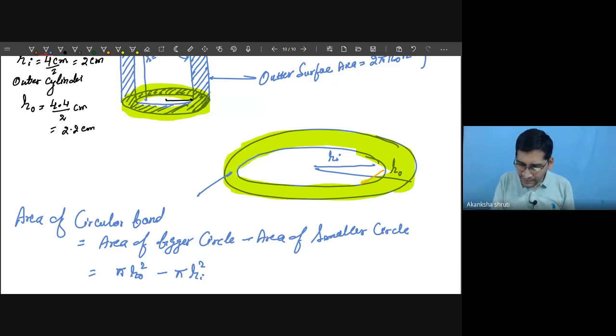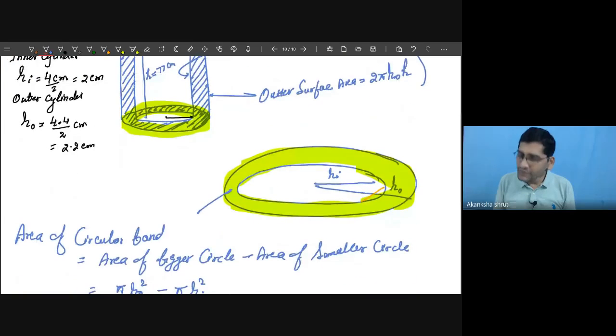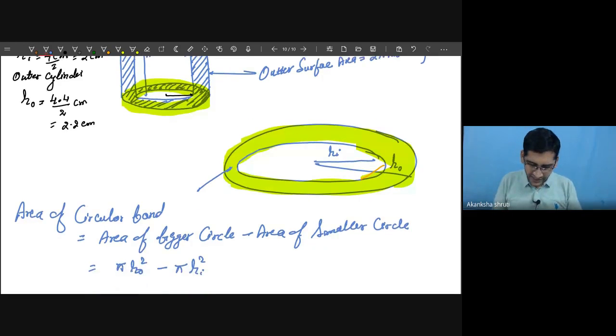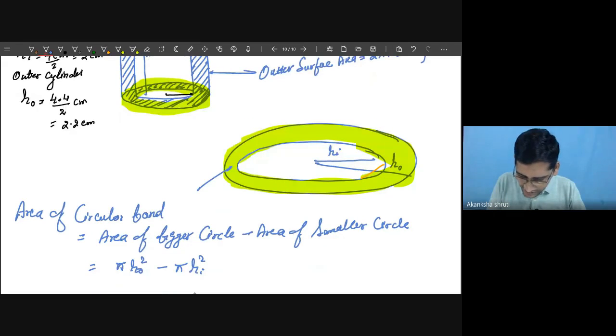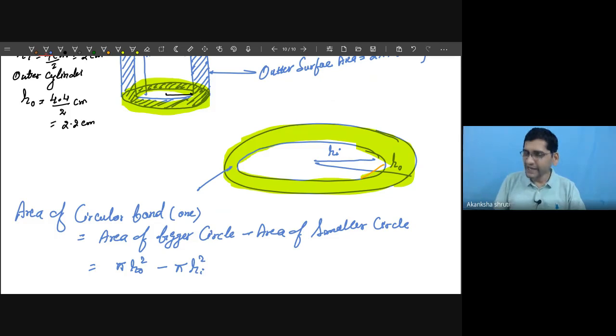I have calculated this for just one, say for the top. Similarly, the bottom is also there, so we need to multiply it twice for adding the top and bottom. Area of circular band is for 1, into 2. Here I have calculated this for 1, so for the top band and bottom band, we will just multiply this.